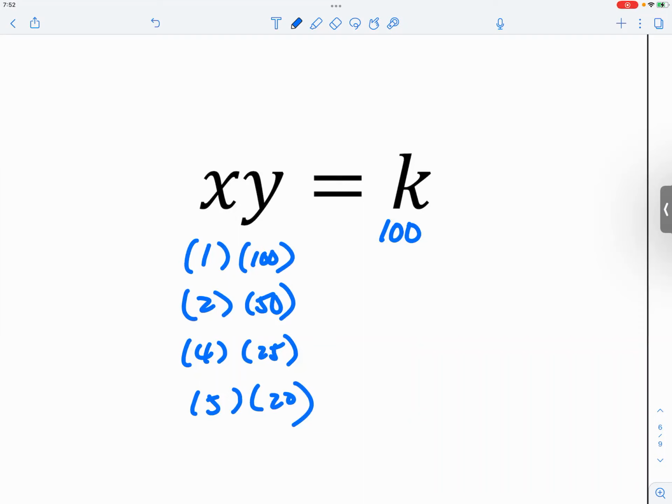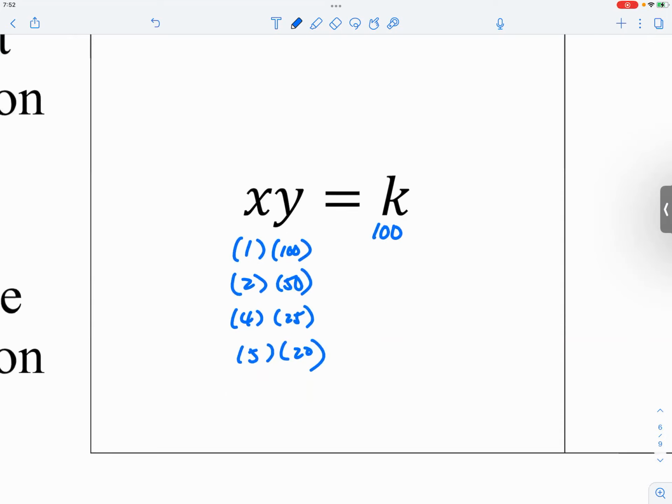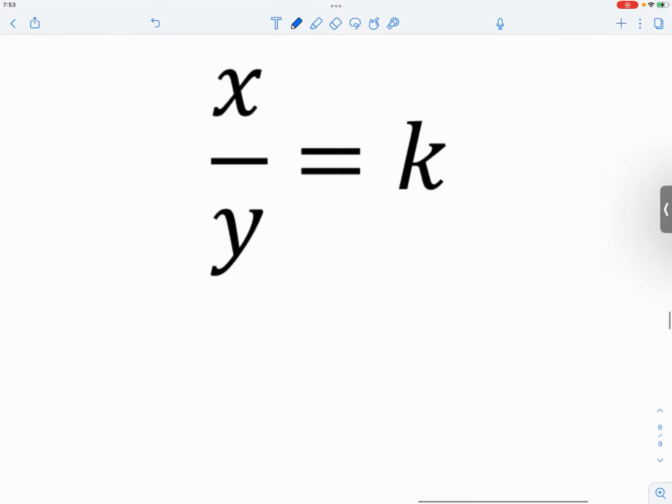So that's how you collect your evidence and say, well, x times y, put the emotion away. It's not about multiplication or division. It's just about, hey, if x is going up, the y has to go down in order to maintain a constant relationship. And same thing right here.